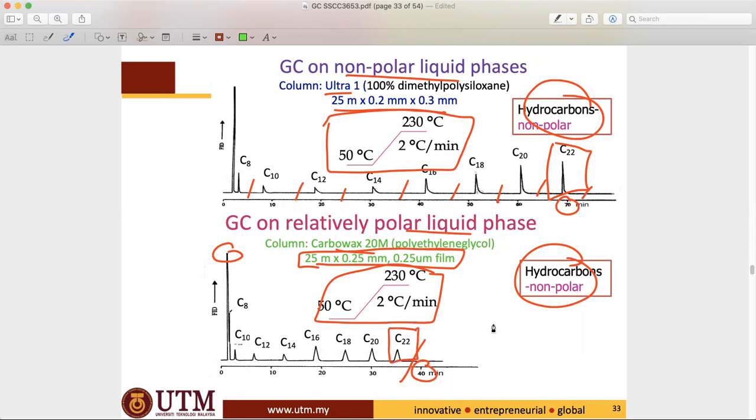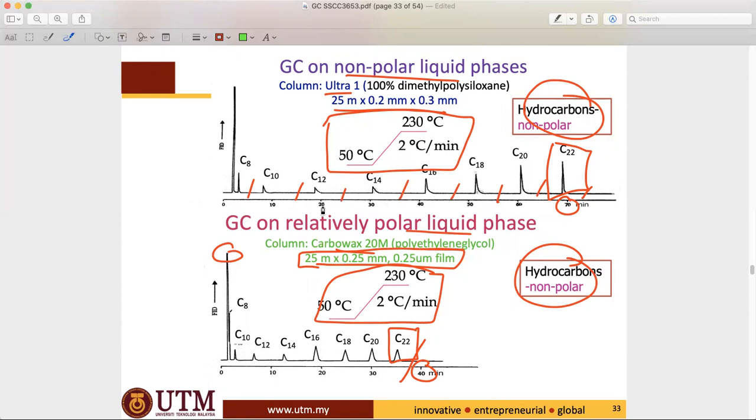So in this case, I would say that you need to find out what is the best column for your analysis, for your analytes. Sometimes using a polar column would have an advantage, but if the advantage reduces your concentration, which it should not, then it is not good. Even though you can save time, it is not good.